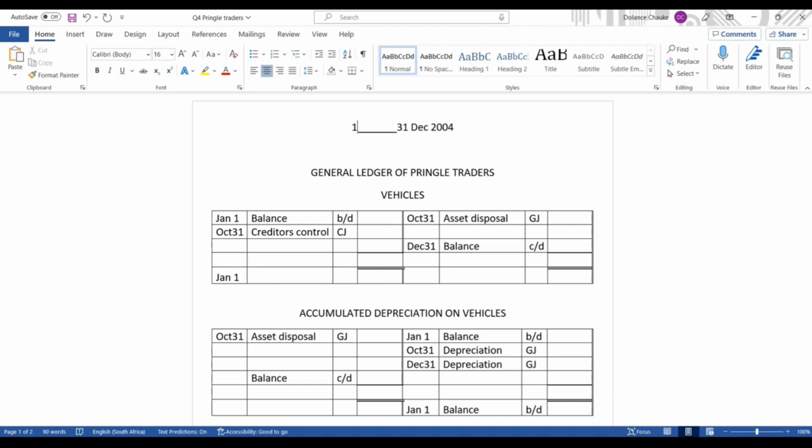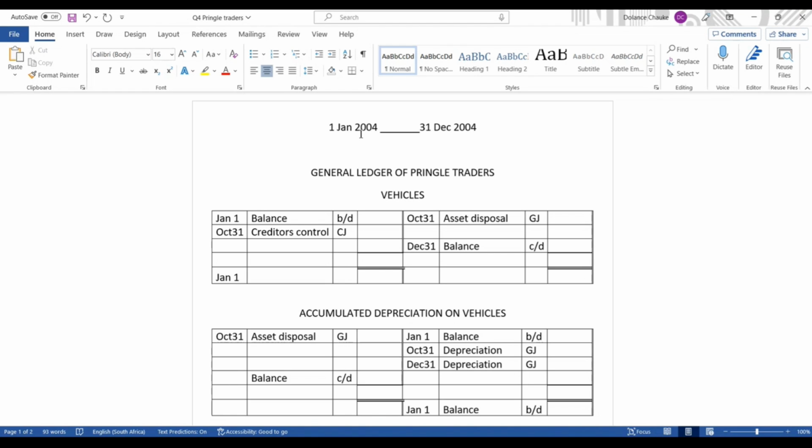Are we on the same page? Don't mute too much. You must engage. I just want to know if people are with me. So it means 2003 is the previous year, and the previous year amount is going to be the opening balances of the current year, right? That's why they are saying the latest financial statements on the 31st of December, which is the closing period of the previous period, showed the carrying value of the vehicles as 202,500.